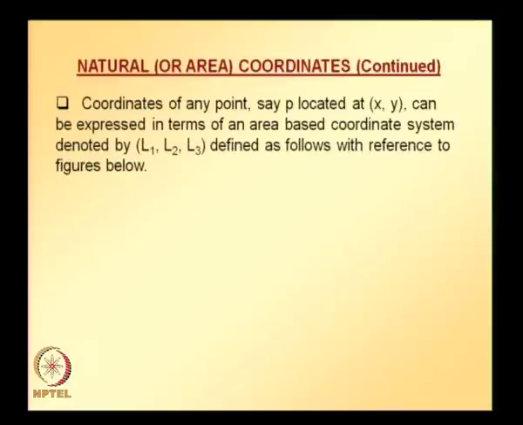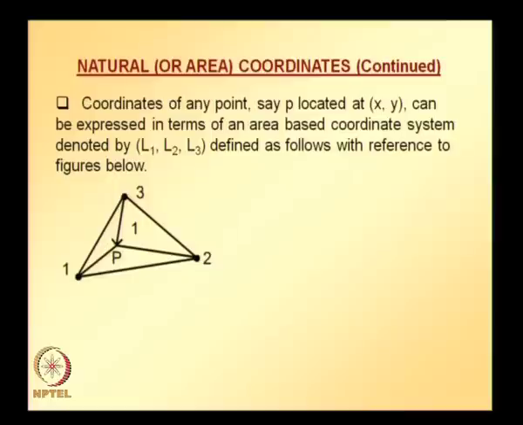Coordinates of any point P located at x y can be expressed in terms of area based on coordinate system denoted by L1, L2, L3 defined as follows with reference to the figures below. So, the triangle which is shown earlier is reproduced here, except that point P is connected with each of the vertices by a line, and area opposite to node 1 is denoted with 1.